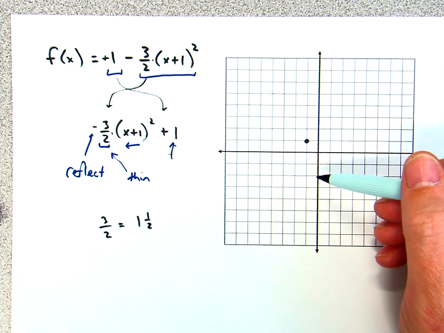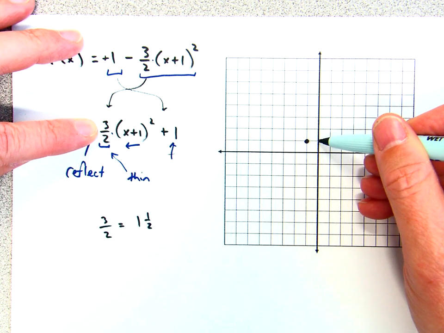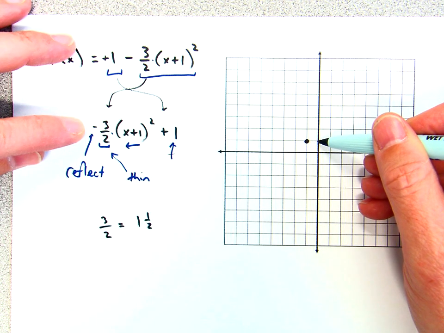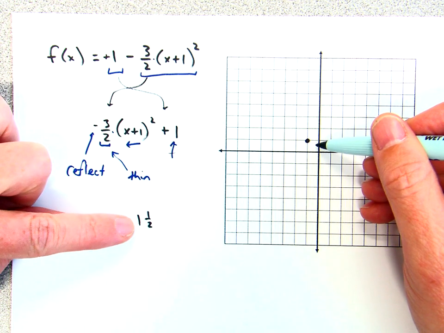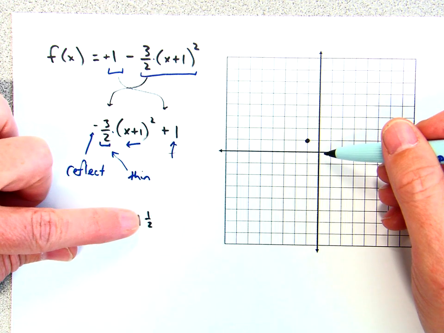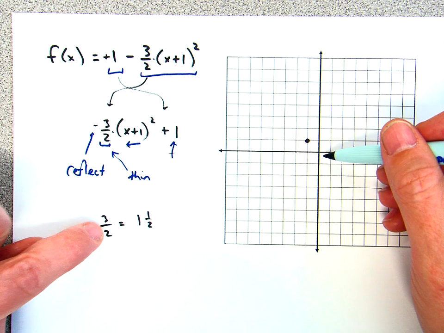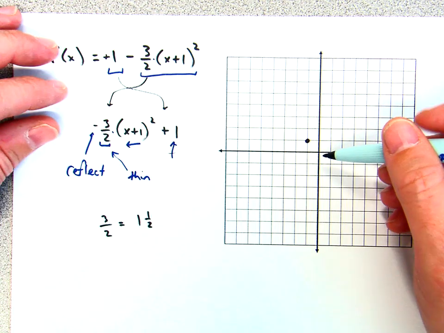Either one. Okay, so if I go out 1, I'm going to go down, of course, because it's negative, and I want 3/2 the height, or 1.5 times what I would normally move. I'm going to do this off of the 1.5, and then I'll use the 3/2 in case you're not following what I'm doing here.